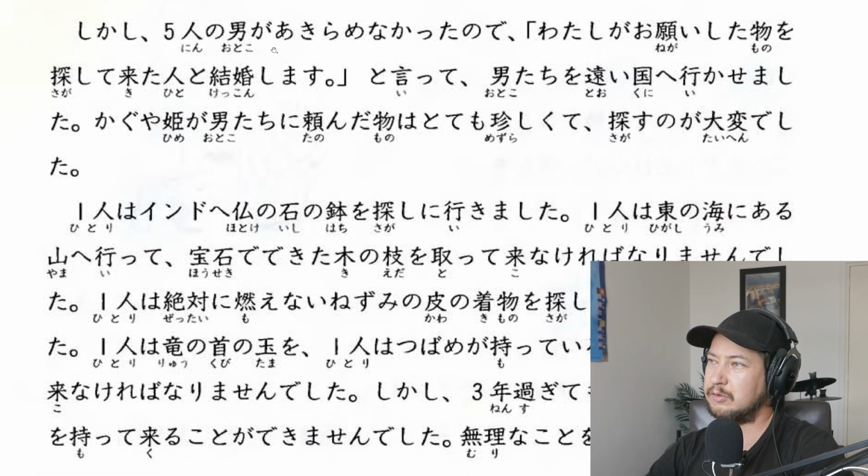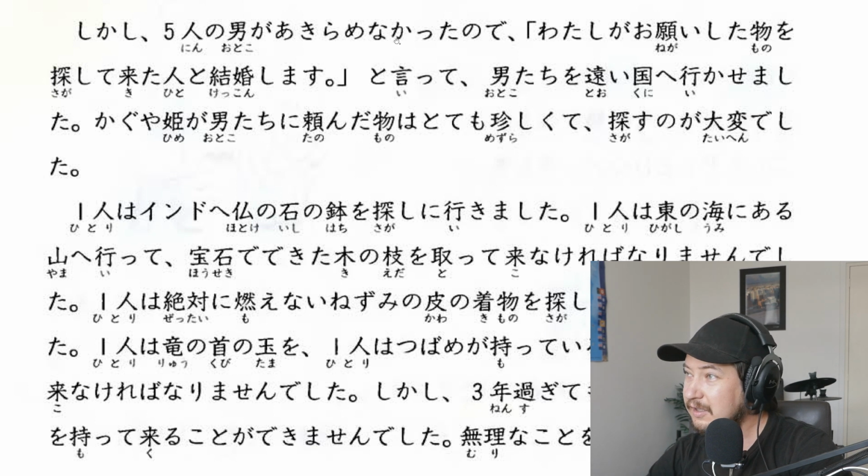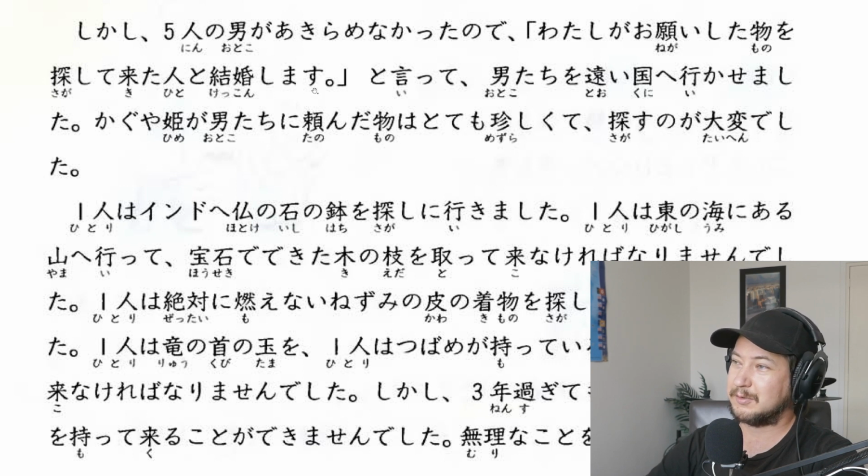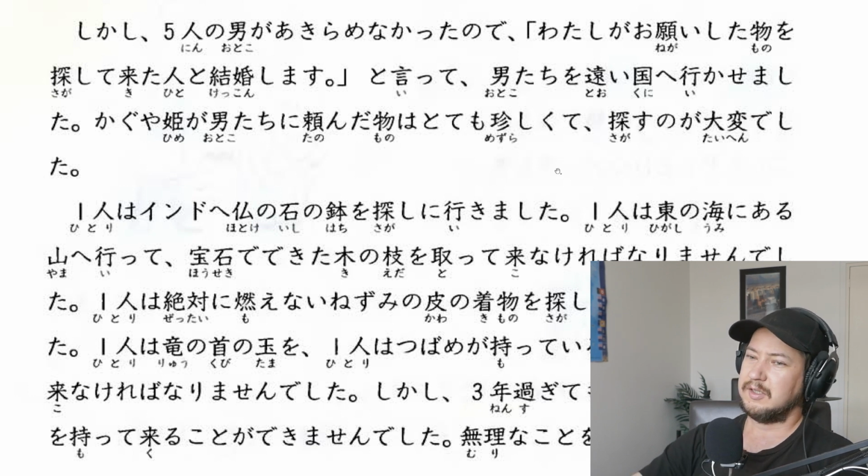しかし5人の男が諦めなかったので、私がお願いしたものを探してきた人と結婚します。Wow. と言って、男たちを遠い国へ行かせました。かぐや姫が男たちに頼んだものはとても珍しくて、探すのが大変でした。Alright, that's a lot to unpack, but it starts with shikashi, or like but.